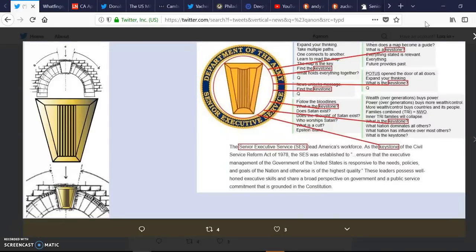But then you get into the follow the bloodlines. What is the keystone? Does Satan exist? You're talking about the Illuminati stuff there. Does the thought of Satan exist? Who worships Satan? What is a cult? Epstein Island? We know most of that stuff. When does a map become a guide? What is a keystone? Everything stated is relevant. Everything.